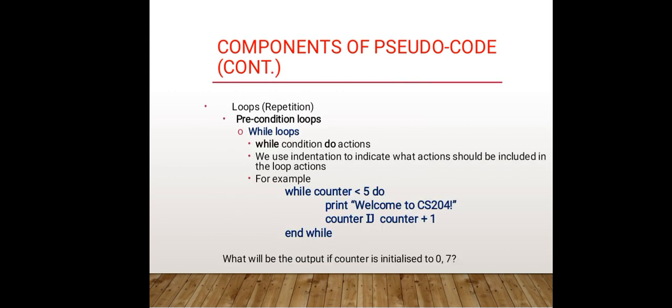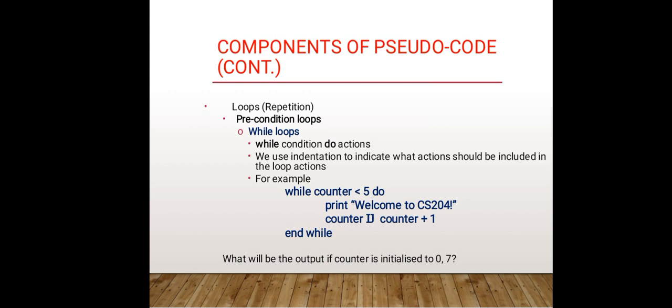Then the loop repetition. We have the precondition loops, which is the while loop: while condition, do action. We use indentation to indicate what action should be included in the loop. For example, while the counter is less than 5, do print well done to CS 204.